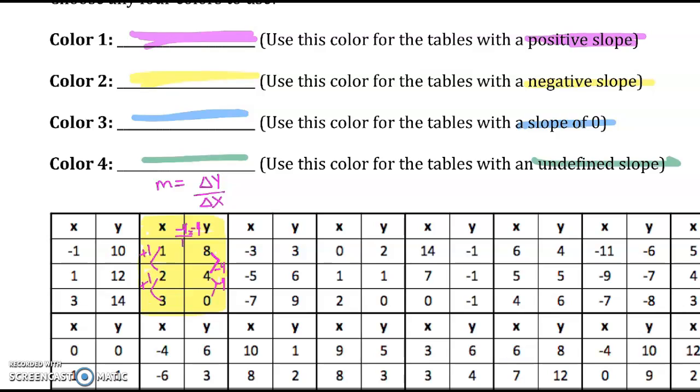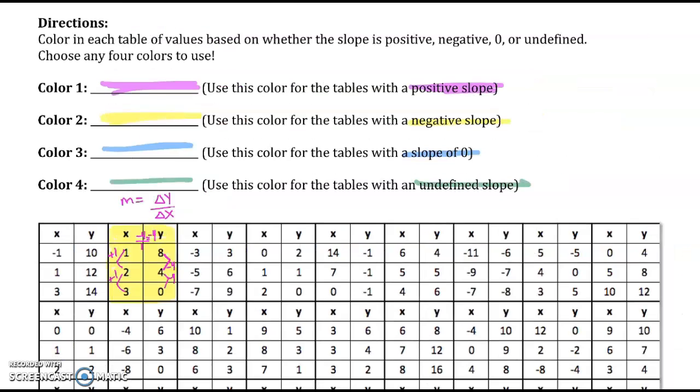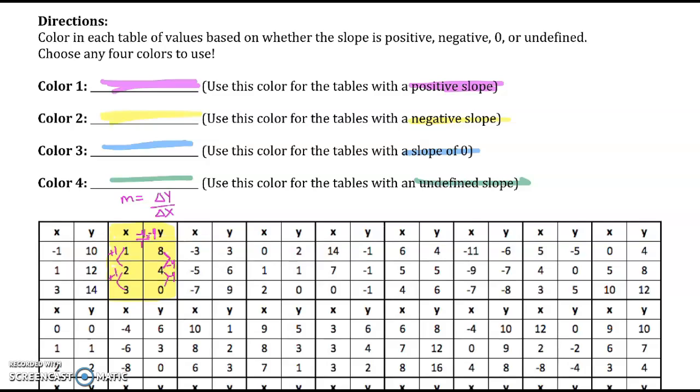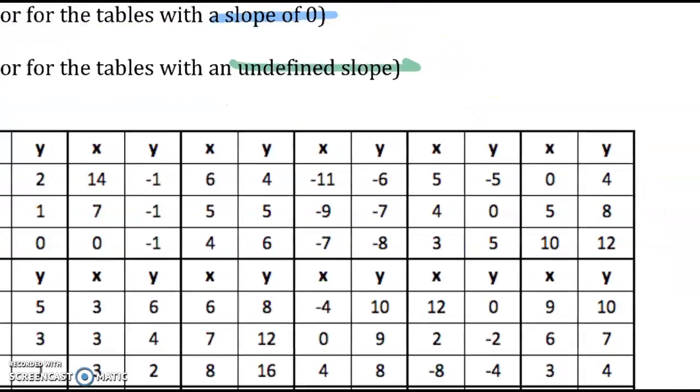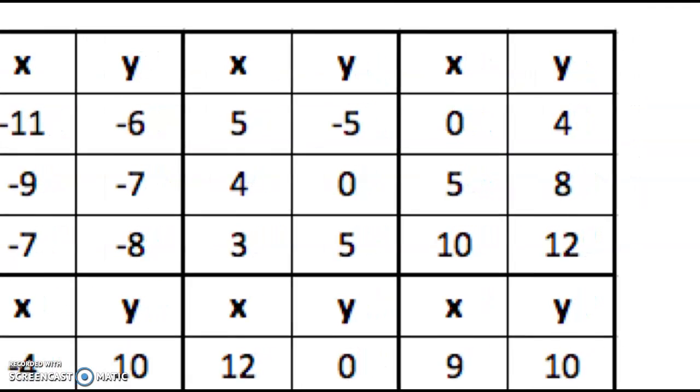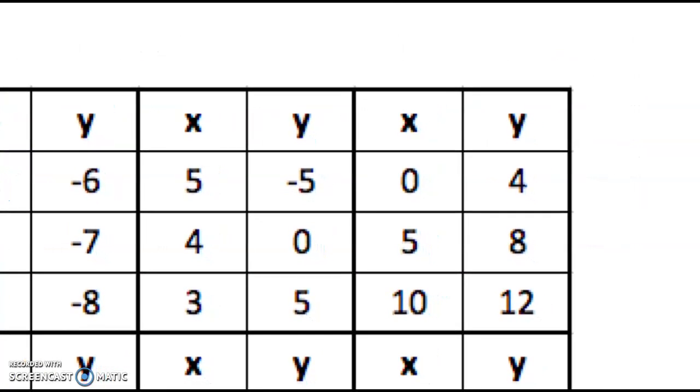Let's take a look at another one. We are going to go all the way over to the far right in the table. Again, I'm going to make this bigger so that I have plenty of space to write. Again, I have to find my slope, my change in y over my change in x. To go from 4 to 8, I'm adding 4, right?